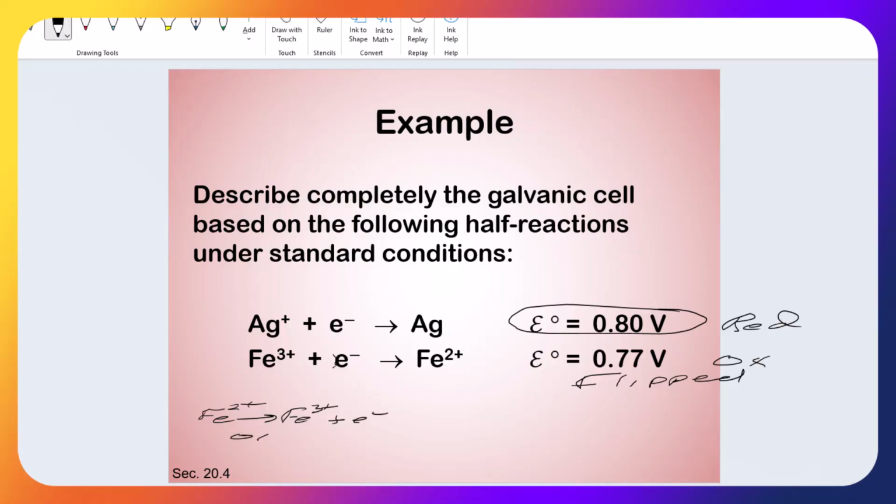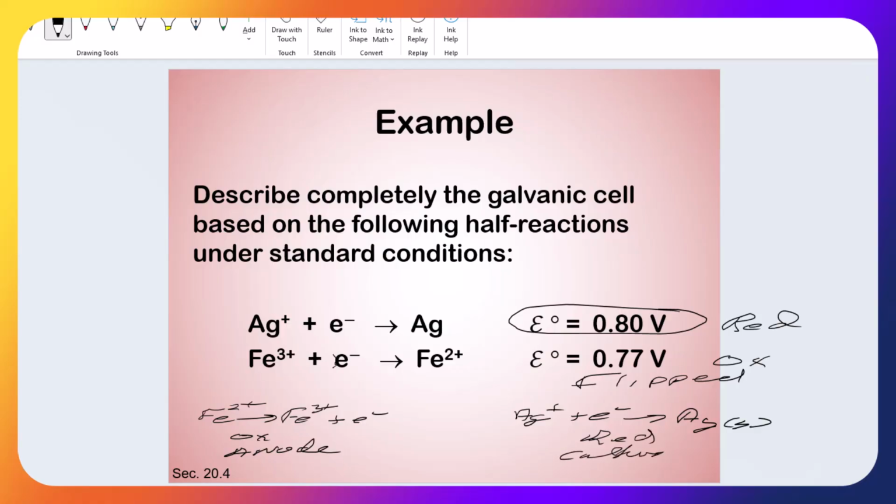That would be the oxidation half, in the anode compartment. Over here in the cathode compartment, you have silver plus 1 plus an electron to become silver metal. This is where reduction is taking place, and this is the cathode.